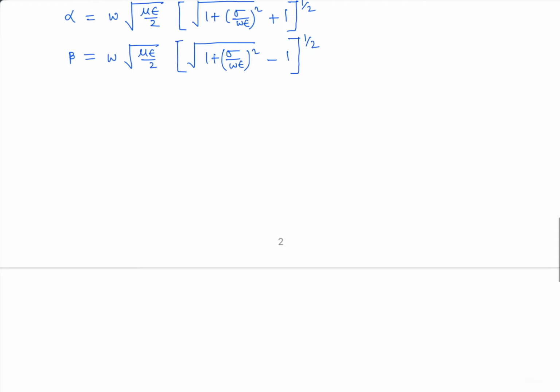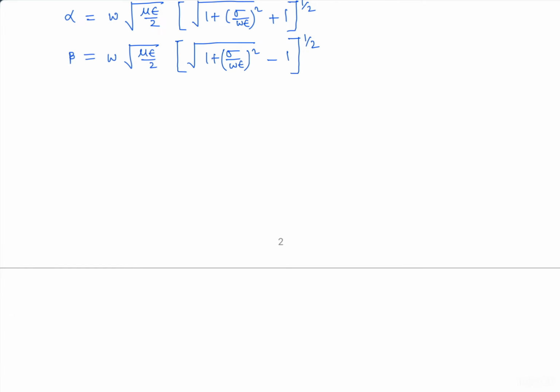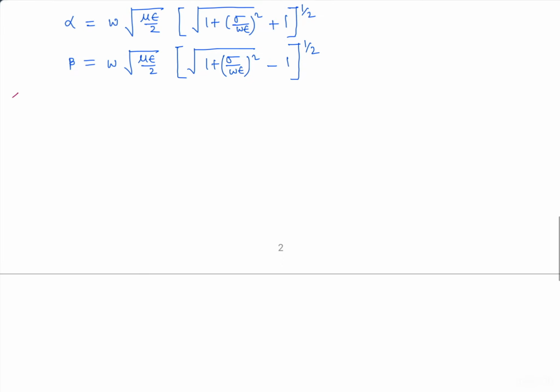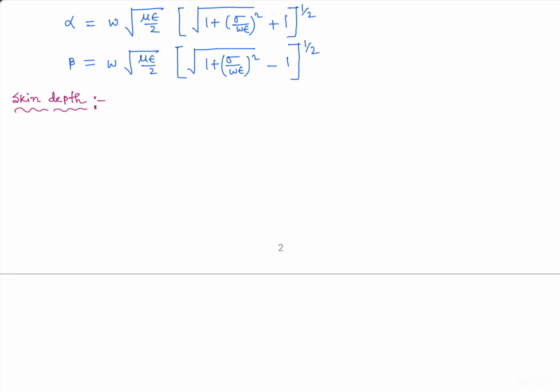Now we find the skin depth. What is skin depth? It is a distance where the amplitude of the wave decreases by a factor 1 by e.